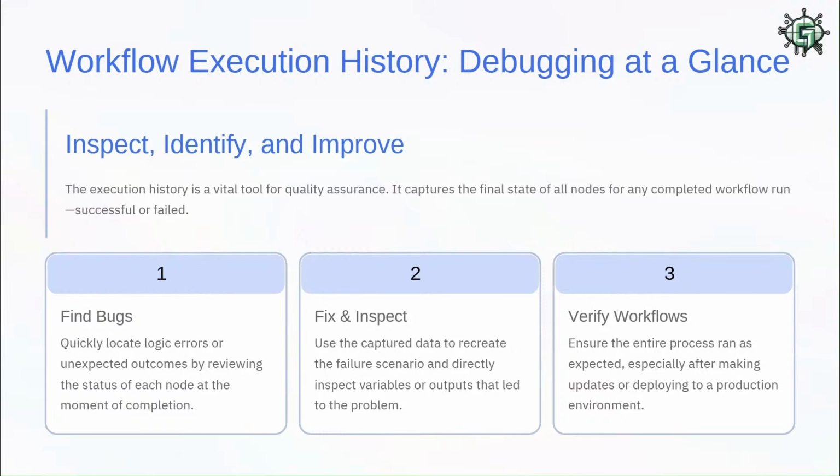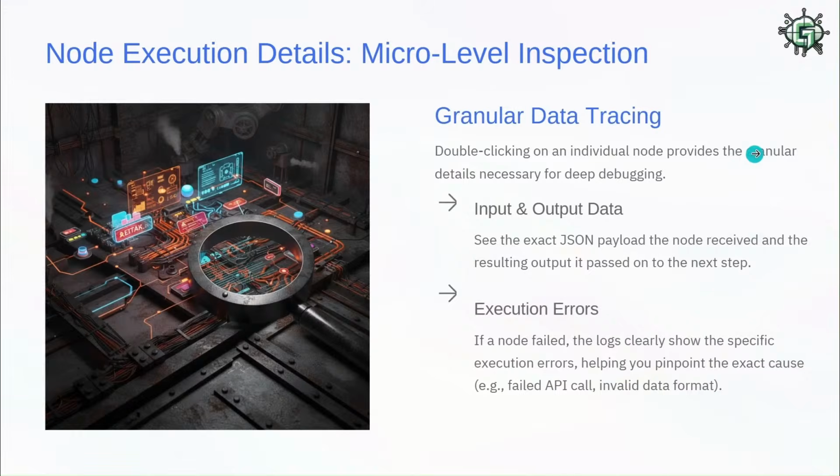But what if you want to dig even deeper? Let's go to the next slide, node execution details, granular data tracing. Double clicking on an individual node provides the granular details necessary for debugging data.